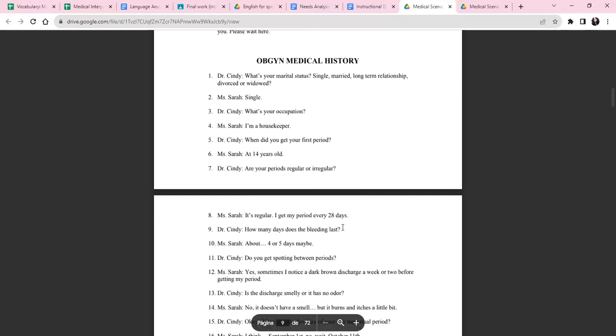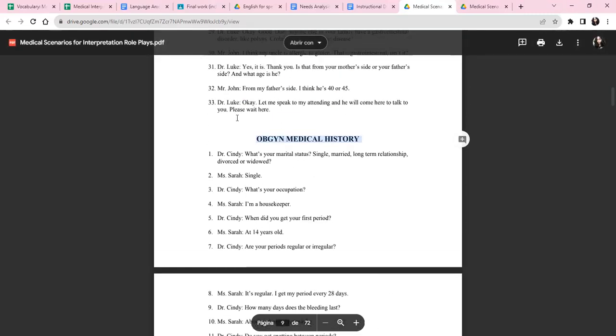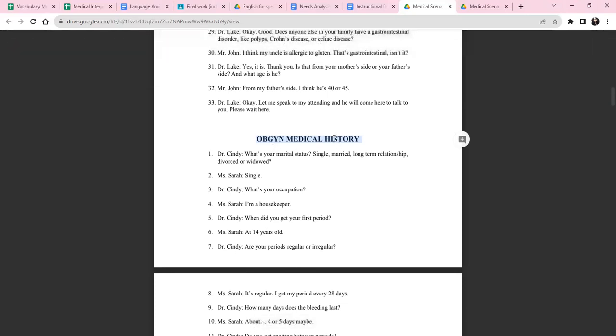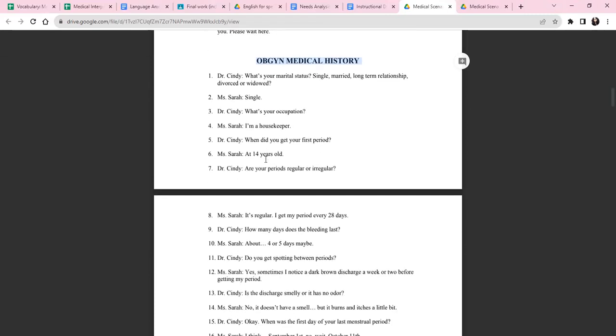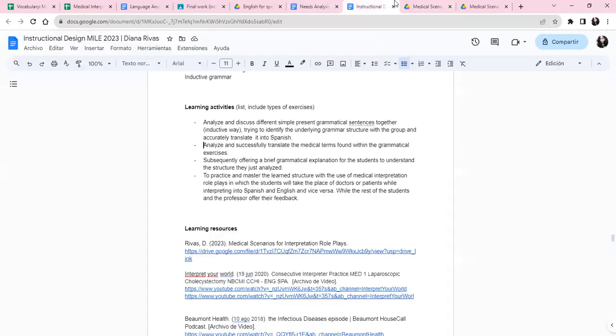So we will be taking different sentences from this guide in order to practice them, depending on the verbal tense in which they are. And after that, of course, we will be successfully translating those sentences.